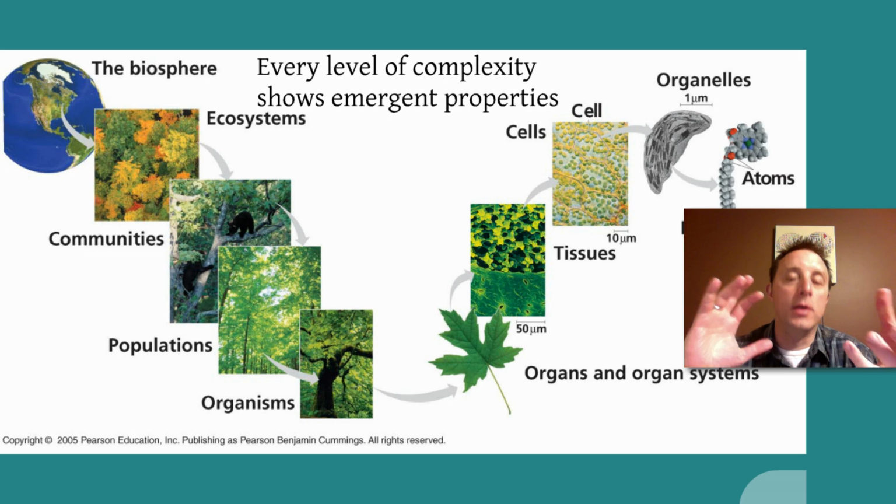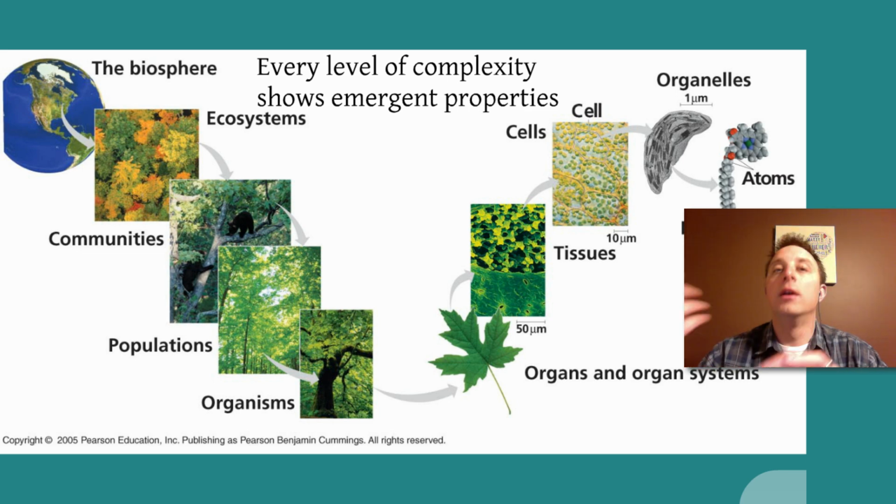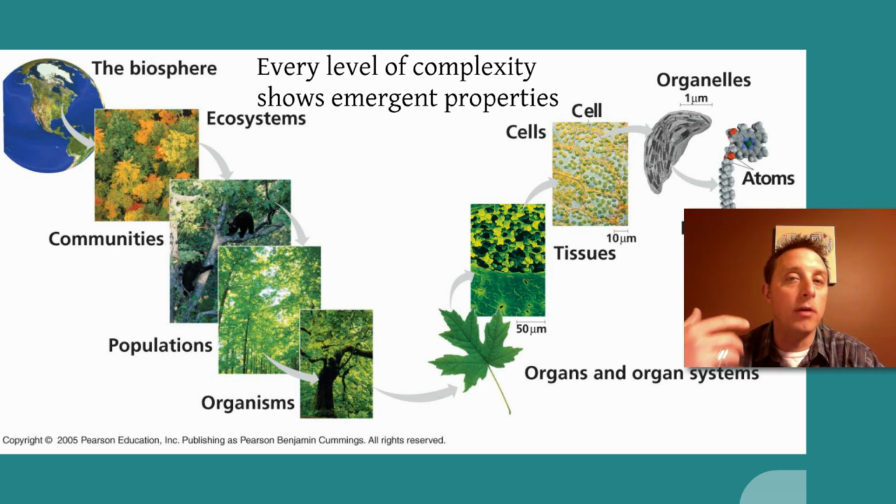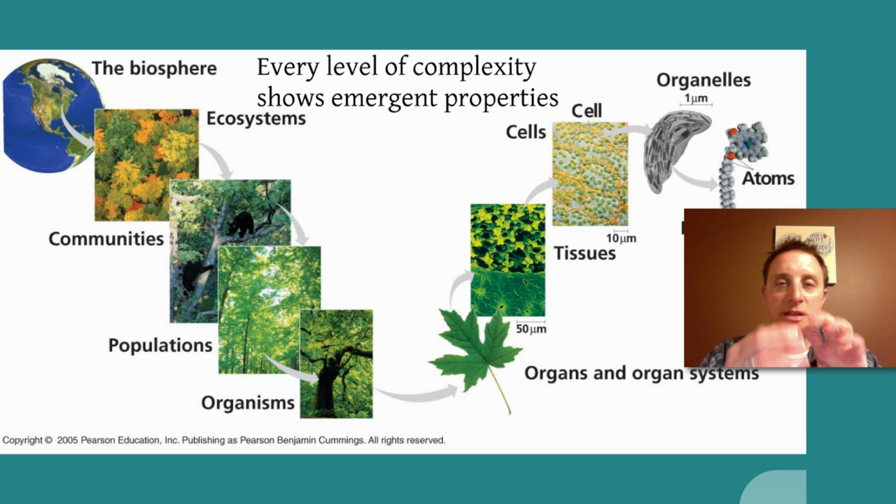Okay, and then we take a bunch of those molecules, put them together in a specific way, and then we get an organelle. And that organelle, again, will have unique characteristics that were not apparent at the molecular level. And these emergent properties run all the way up through all of these levels of complexity, all the way up to the biosphere, which is the entirety of all living things and also all the non-living things that they interact with on the Earth.